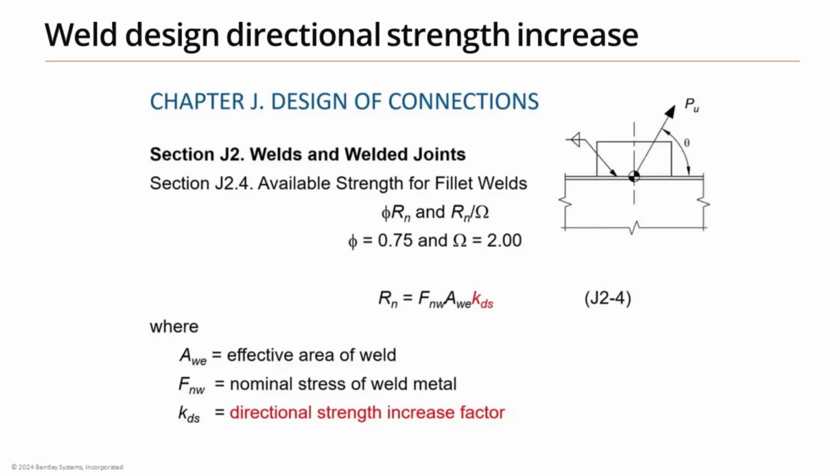And we now have a new factor, a K sub ds factor that we calculate based on the trigonometry, based on the direction of the loads relative to the direction of the weld. So we put this in, and this will make some changes in your connection capacity with various types of connections.